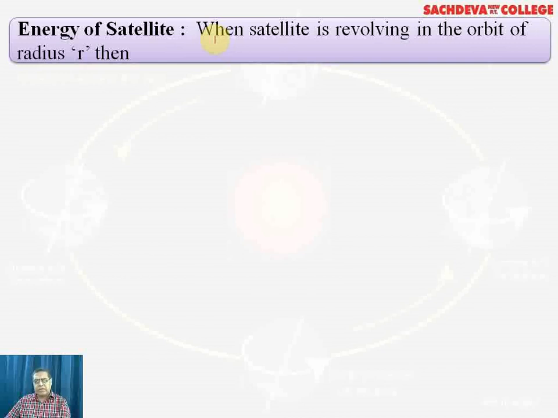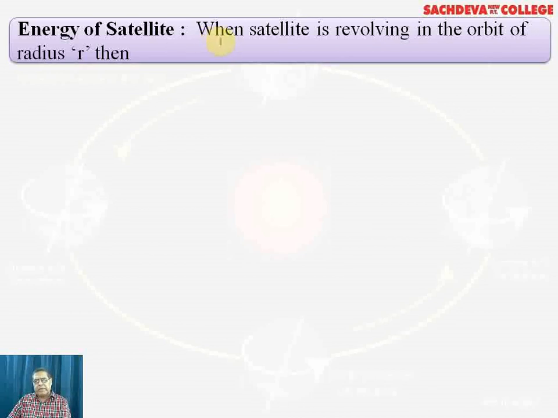and the force responsible for revolving the body will be the centripetal force. So we have to find the potential energy, then we will find the kinetic energy, and then we will add both energies, and that will become the total energy of the satellite.